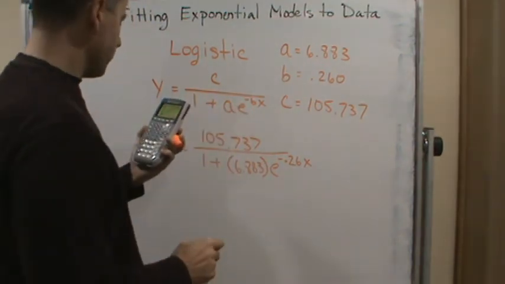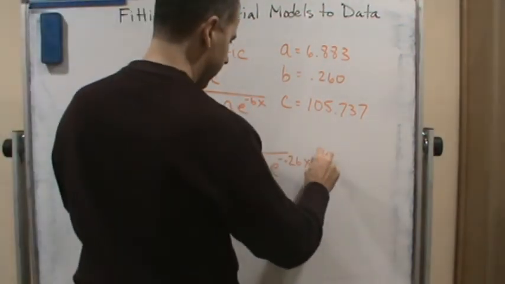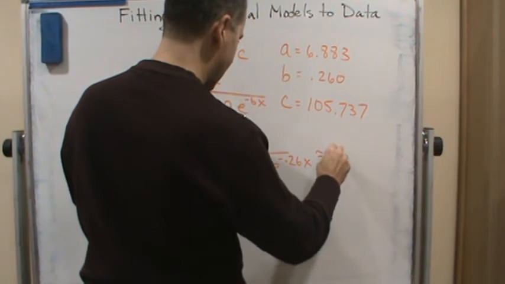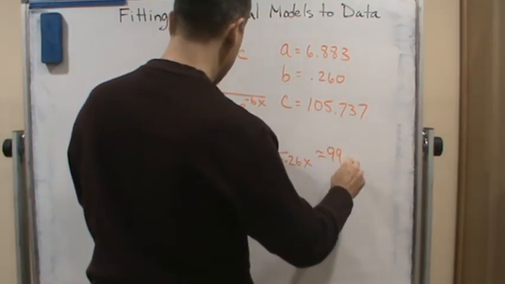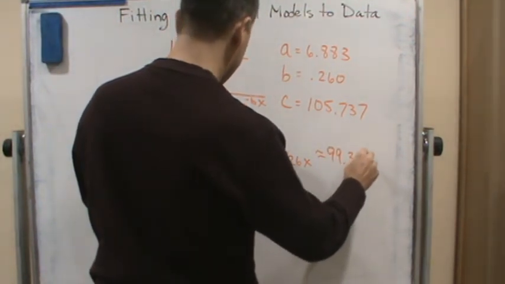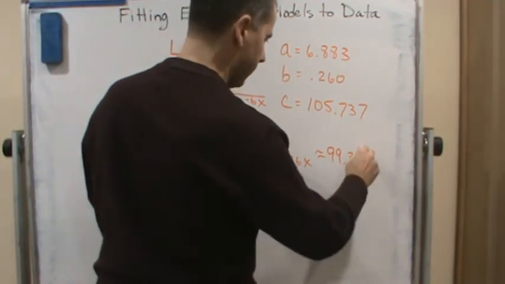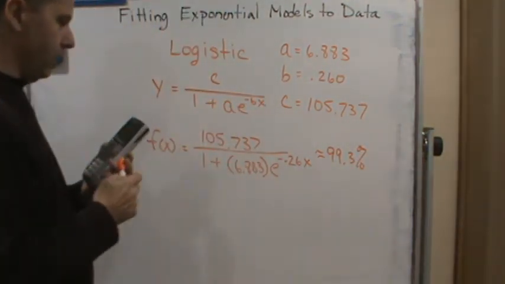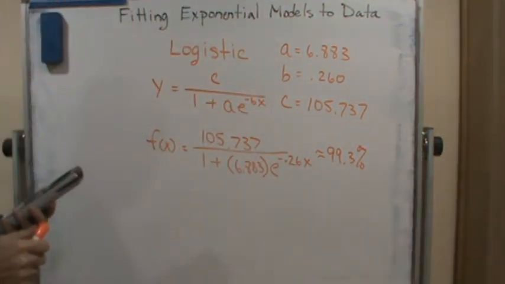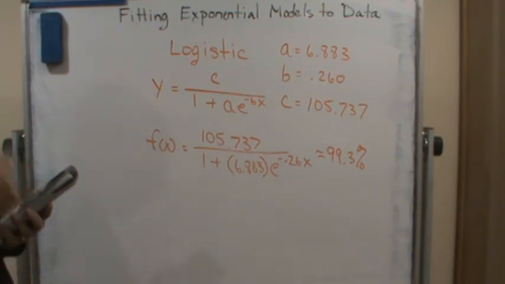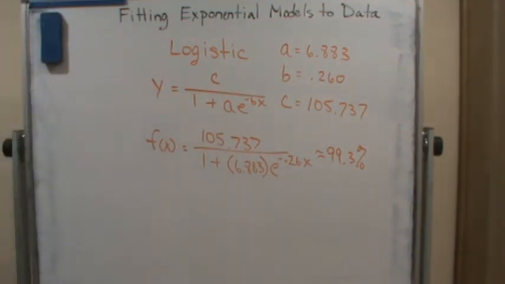Well, by 2013, it's going to be approximately 99.3% of Americans with cell phone service. Now, I don't know if that's accurate. That was 7 years ago, or 8 years ago now.